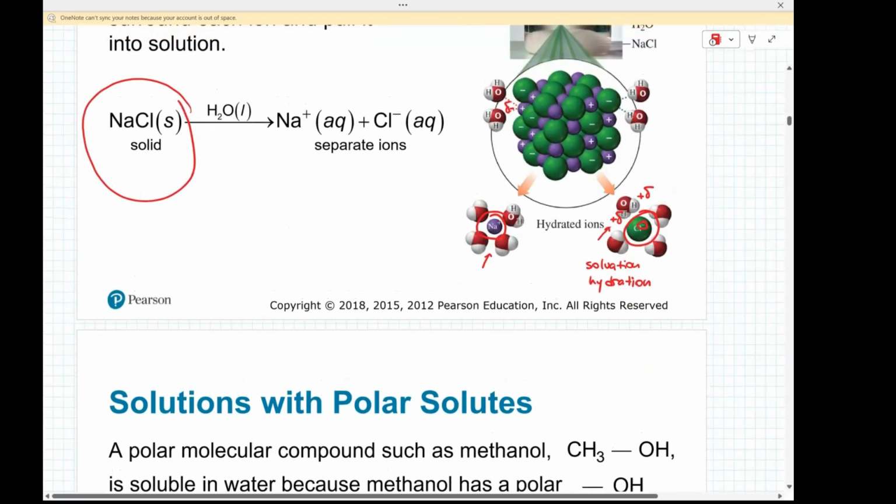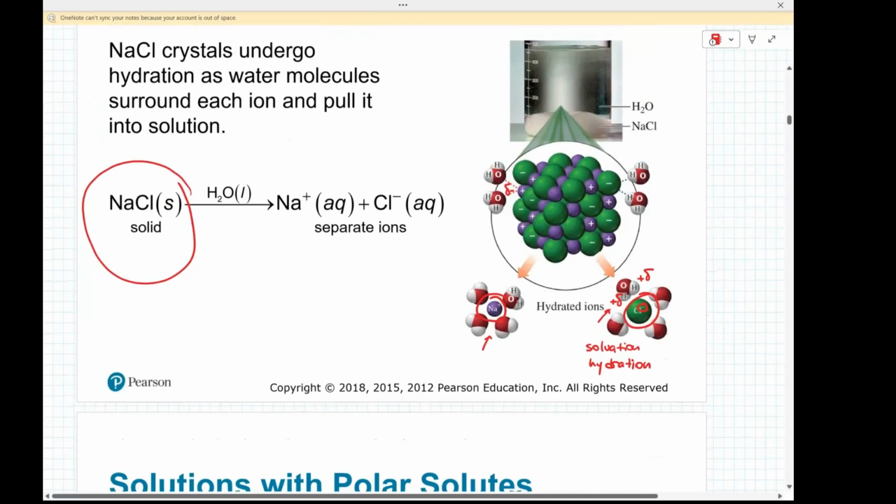Am I making sense? So, yes, when and if an ionic compound gets dissolved, it dissociates, period. Dissociated ions, separate ions, interact with water, becoming solvated or hydrated, it's the same meaning.